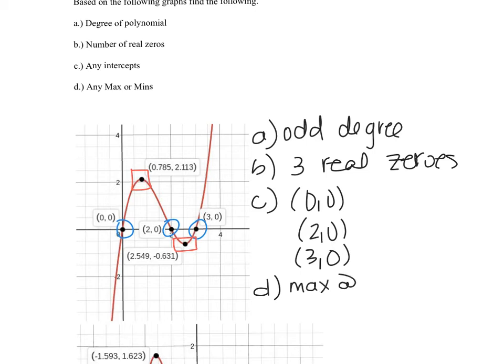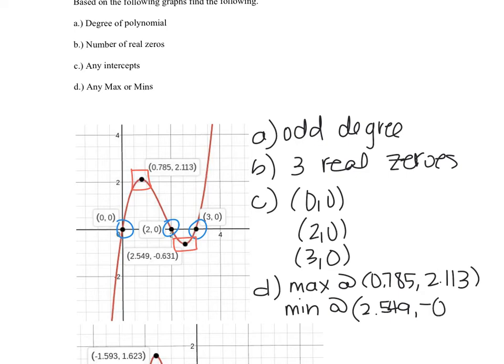So max at (0.785, 2.113). And then our second turning point, (2.549, -0.631), is going to be a min. So we have a min at (2.549, -0.631).